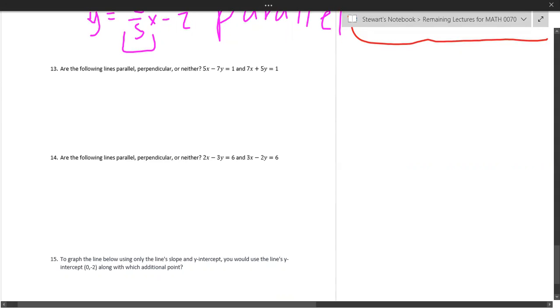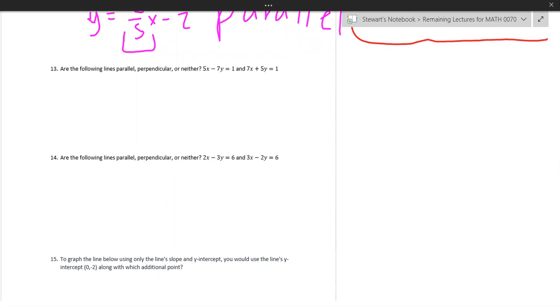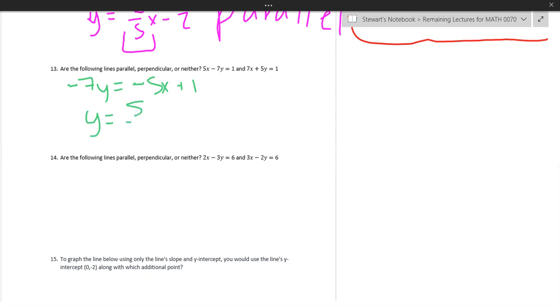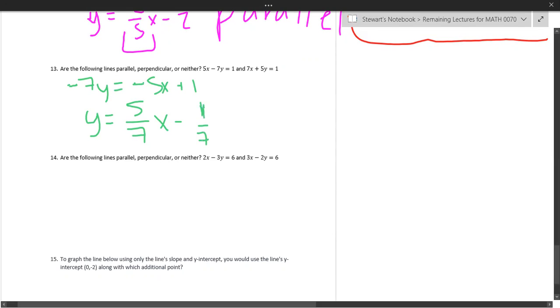So for the first one, we have -7y is equal to -5x plus 1, divided by -7. So then we have y is equal to positive 5/7 x minus 1/7.